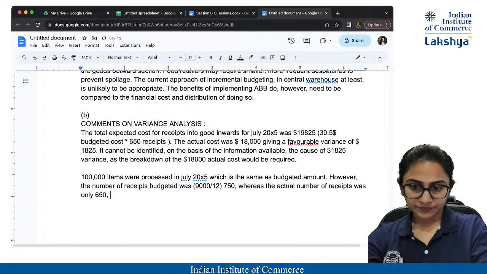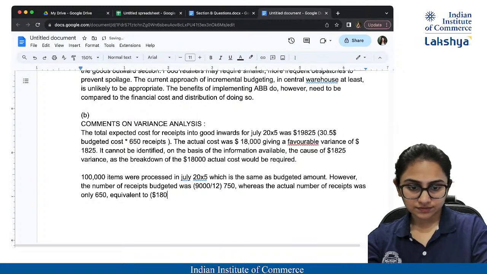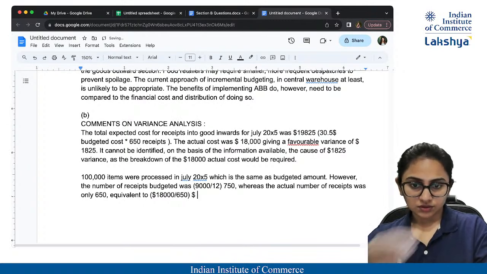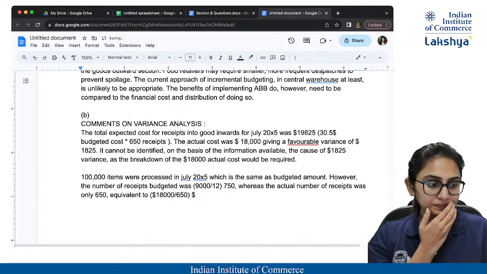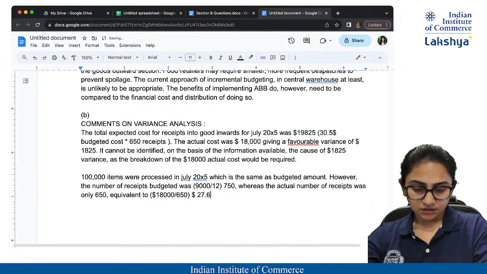So then equivalent to how much? 18,000 divided by 650. That will give you how much? 27.69 per receipt.